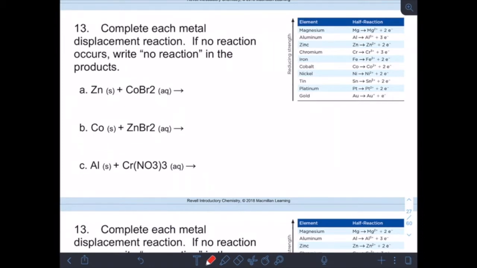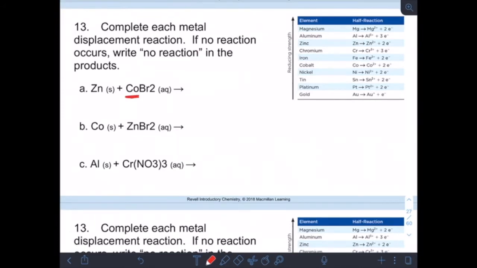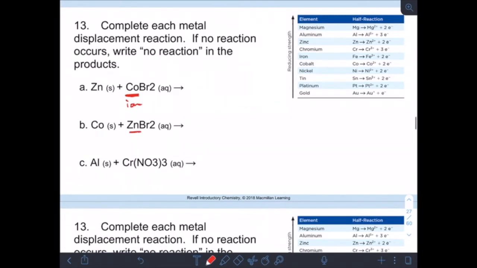So, cobalt bromide, we're going to be looking for cobalt ion. And in part B, we're going to look for zinc ion. And in part C, we're going to look for chromium ion. And then these are the metal solids. So remember, if the solid is higher up on the table than the ion, a reaction will happen.